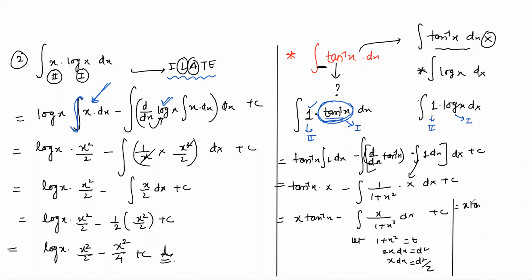It is x tan inverse x, and this will become dt by 2. So I'm taking 1 by 2 as common, and this is 1 upon t and plus c. So it is x tan inverse x minus half log t plus c. Just replace this value of t: x tan inverse x minus half log of 1 plus x square plus c. And this is my answer.